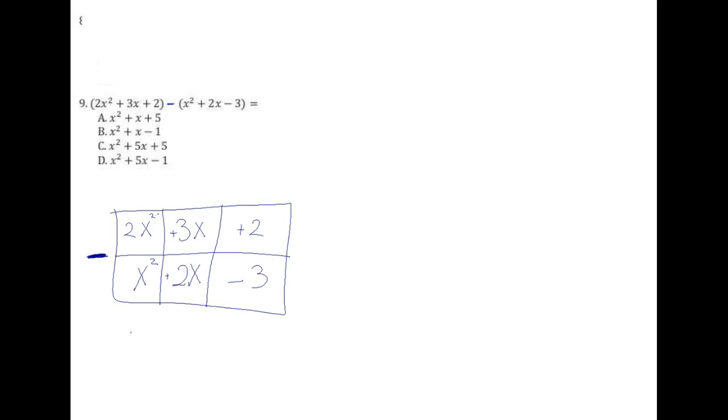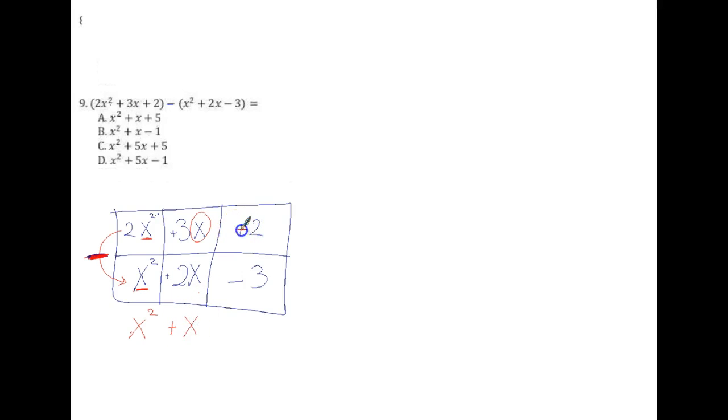Then you just subtract 2x squared minus x squared. So 2 bananas minus a banana. You took away a banana. Now we only have 1 banana left. Remember, we don't write the 1 down. Okay? Then 3 apples minus, you're always reading the minus, 2 apples is simply just 1 apple.